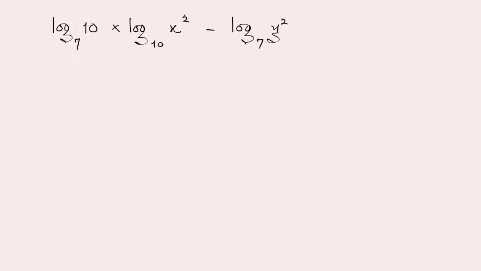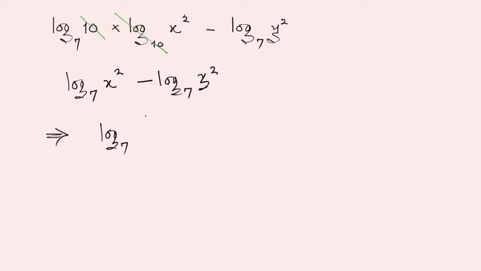If that is clear, then you can tell that because this is a log to the base of a, 10 can cancel out log to the base 10 here and leave us with log to the base 7 of x squared minus log to the base 7 of y squared. And then we can finally write our final expression as log to the base 7 of x squared over y squared.